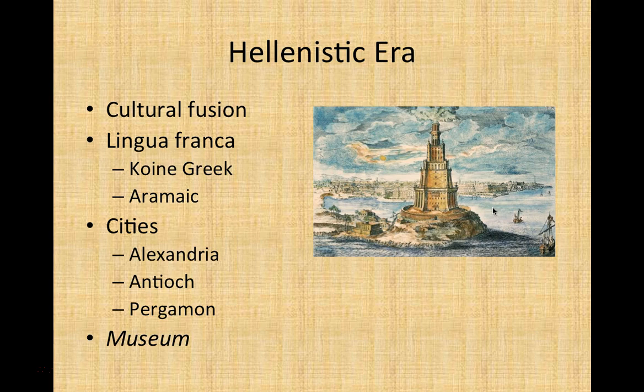It was connected to the palace of the Ptolemies. And don't be misled by the name. This was not a place to collect artifacts where people could come and look at them. The museum was, I think accurately, characterized as the world's first research university.